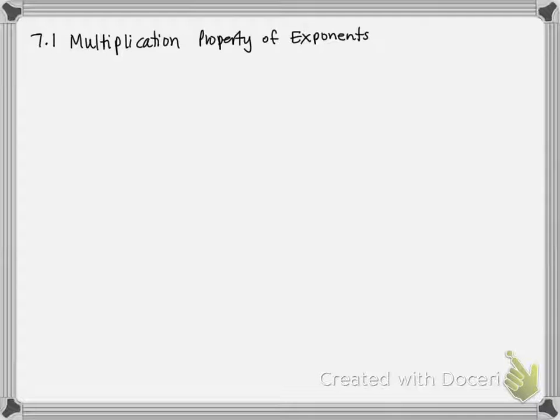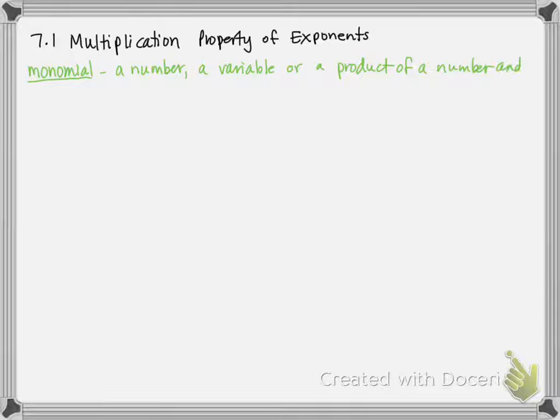So first off is the word monomial. A monomial is simply a number, a variable, or a product of a number and variable.